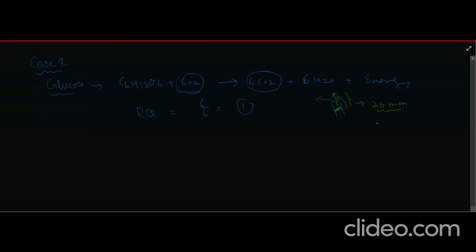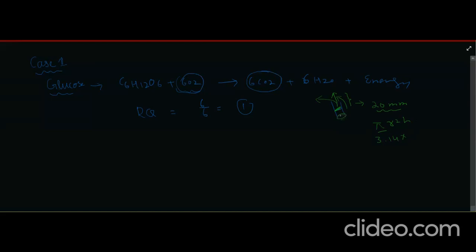So in that case, for example, it moved 20, so I will put that in the formula pi r square h, right? Pi is a constant value, 3.14. R is the radius of the tube you are using.